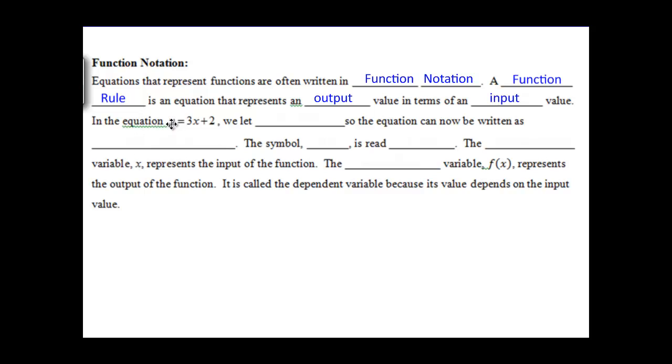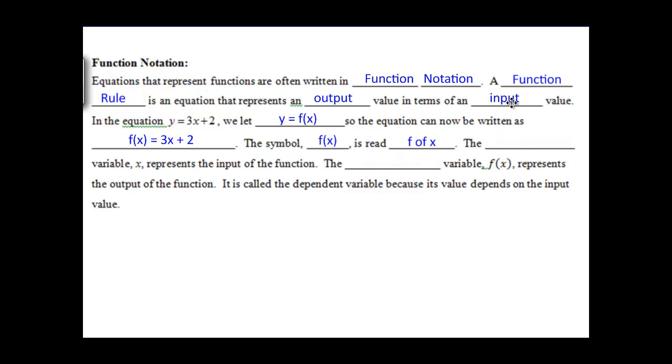So if we have the equation y equals 3x plus 2, we let y equal the function notation, or f of x, so that the equation can now be written as f of x equals 3x plus 2. So this symbol is read f of x, not f times x.